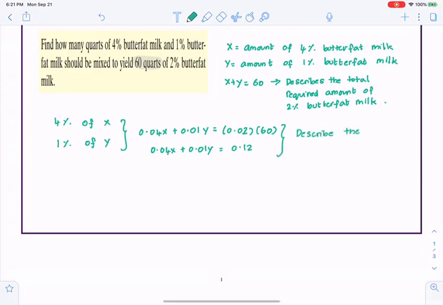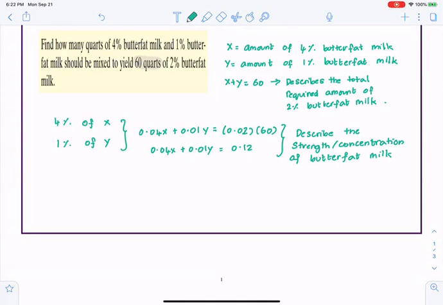the strength or concentration of butterfat milk.